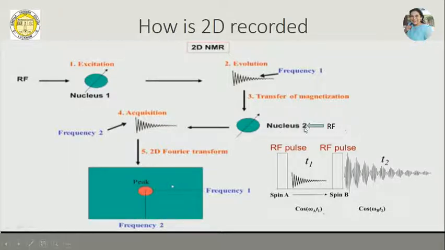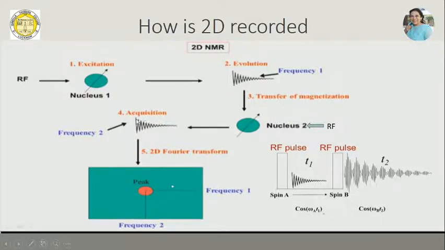So, another radio frequency pulse is applied. With this radio frequency pulse, again the net magnetization comes in the XY plane. This pulse is also known as a mixing pulse, because the magnetization has been transferred from one nucleus to another nucleus.